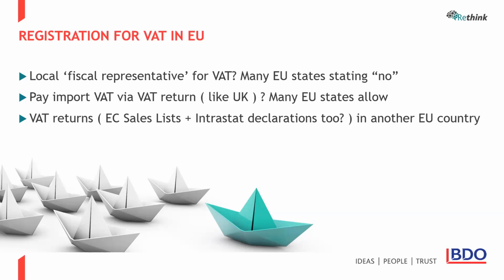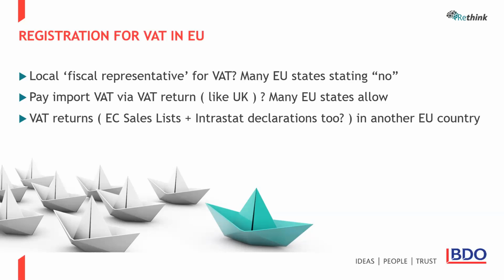The last one there as well I've talked about is if you're registering for VAT in another EU country, that's usually because, and I'll cover those situations in a bit, you've probably got stocks of goods sat somewhere, a warehouse sending them out from stock of goods you've got in a particular country. And just imagine that it's not just the VAT return.